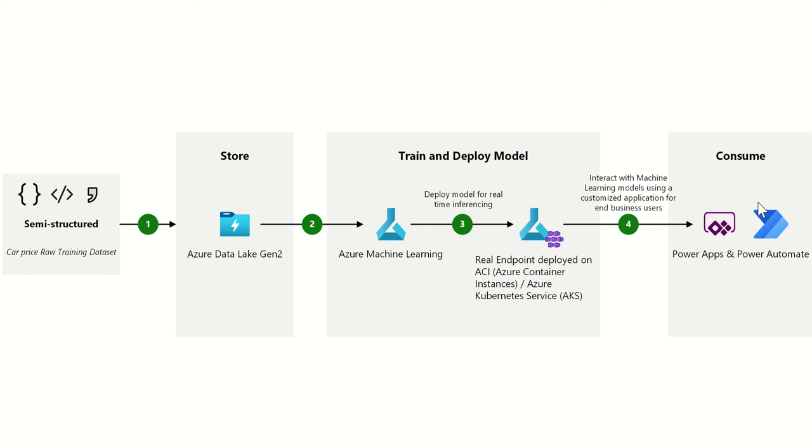So after we build a quick app with Power Apps, we can interact with the endpoint directly from the Power App and get a real-time response from the Power App. This will help us to provide AI capacity for Power Apps.